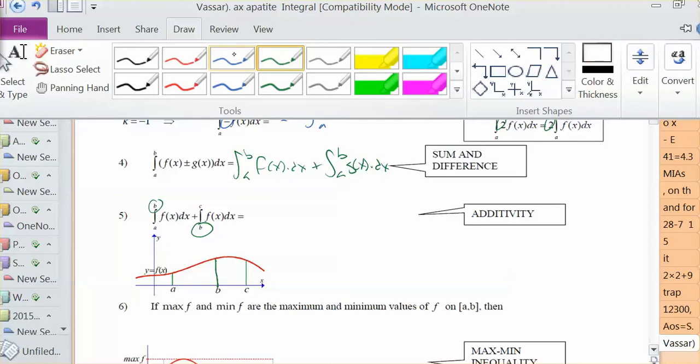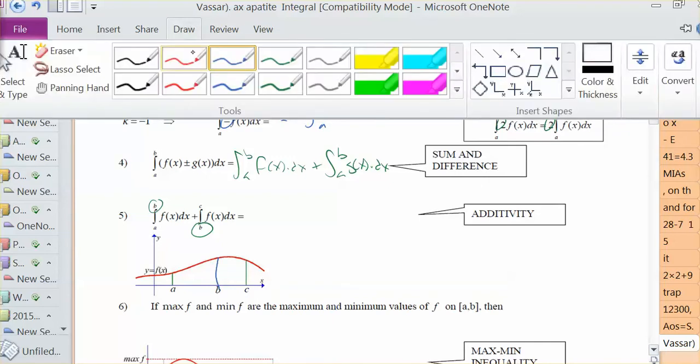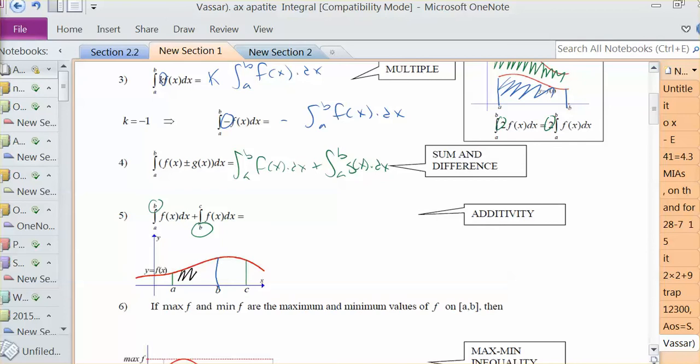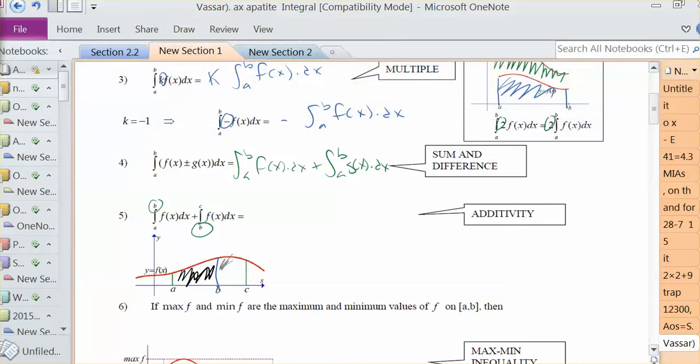actually let me change that color there. Let's go blue. So this is my first area, and that'd be my second area, right?